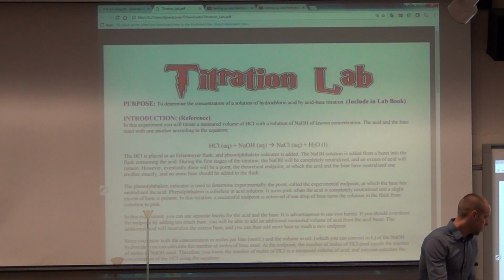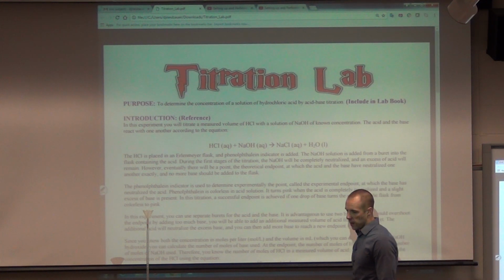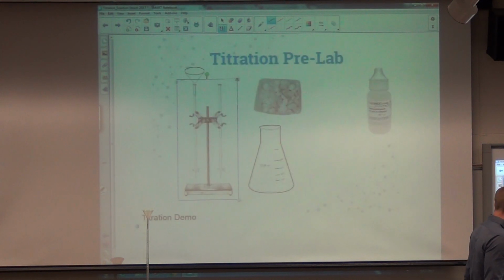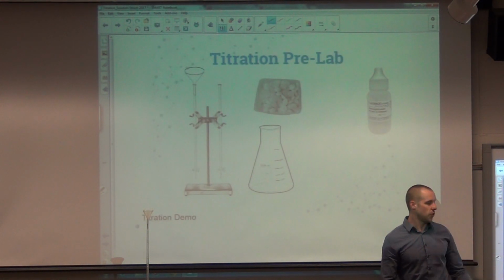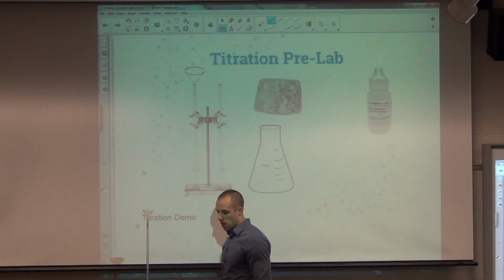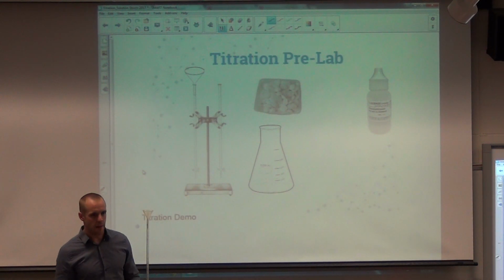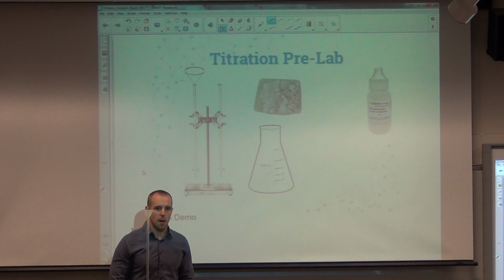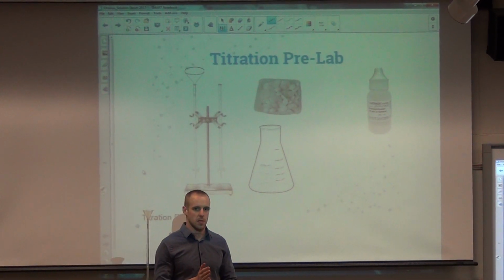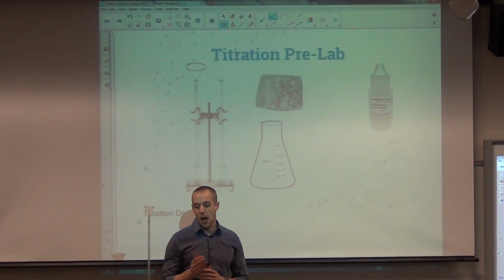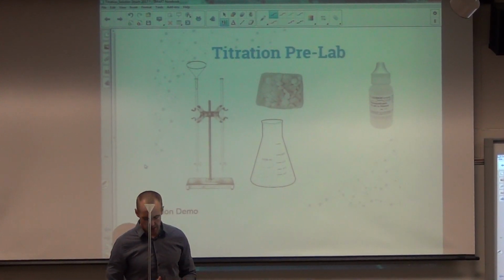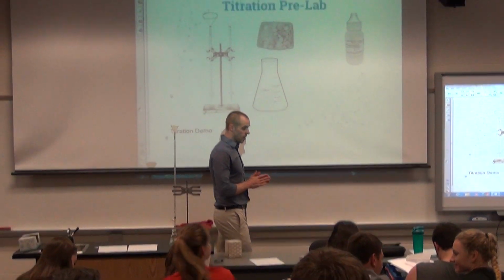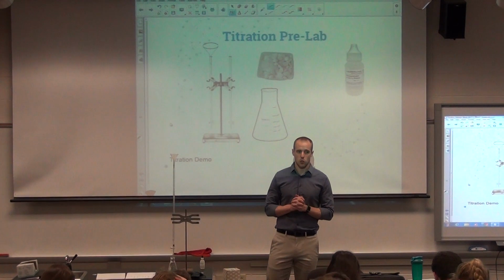All right, so basically, what a titration is. We have a few things up here, okay? So I have them all up front anyways. You're going to be using something called a Buret on Friday, okay? Burets are highly calibrated. They let us find a very specific volume that we're going to be using, okay? So what we are trying to do is we're going to be using sodium hydroxide and hydrochloric acid.